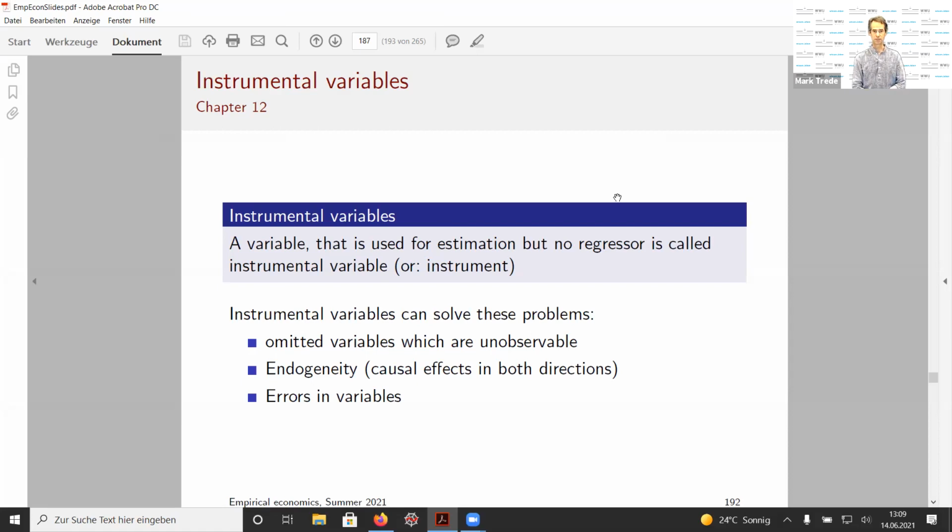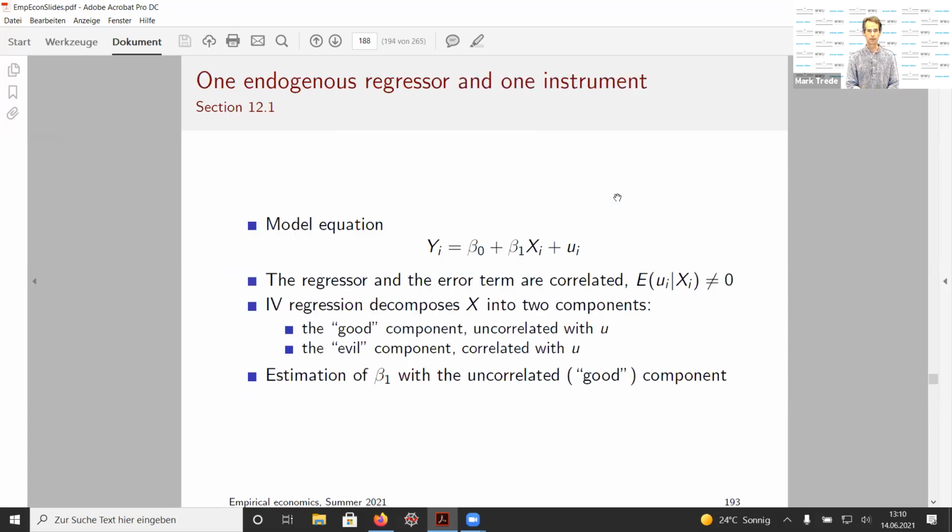And these instrumental variables can be used for estimation, and they can solve the problem where you have correlation between the error terms and the regressors. So they can solve problems that are caused by omitted variables, that are caused by endogeneity, or that are caused by errors in variables. So in those cases, instrumental variables might help. And I will now show you how this is done.